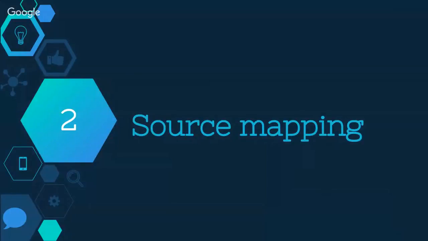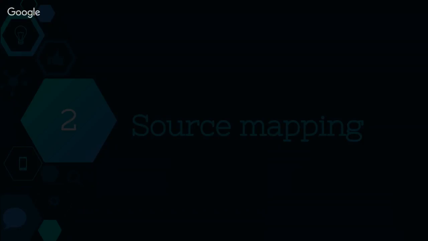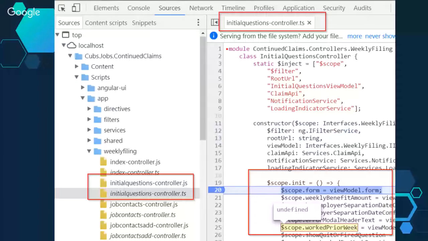So let's talk about source mapping. Source mapping is absolutely critical to be able to debug TypeScript. Basically, even though the client, at the end of the day, is only going to see JavaScript, here we're able to actually see the TypeScript files in our browser. It will map every line of TypeScript to the actual JavaScript that the client sees.